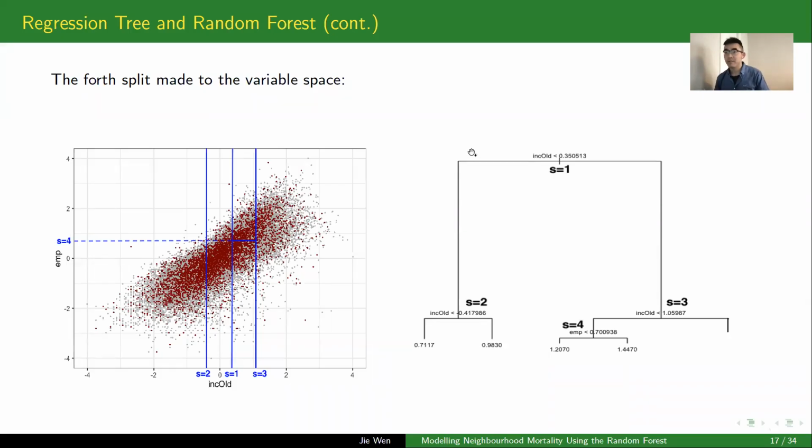And okay, after the first 3 splits, the algorithm decides, okay, now we have made enough splits along the encode, and it's time to make a split following the employment deprivation score, which is another dimension. So that's why s equal to 4, the fourth split, is made by the employment score, and this fourth split is made to this node after the third split.